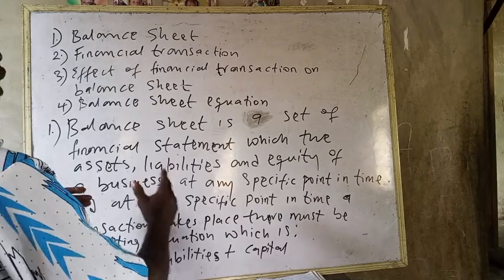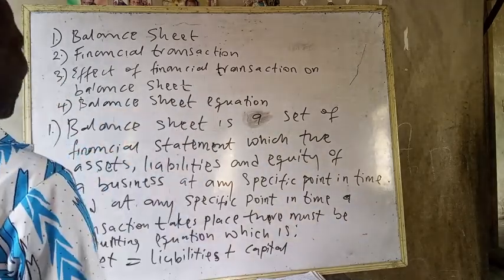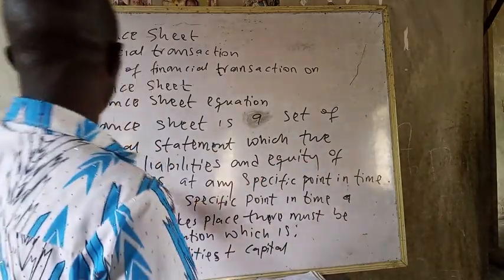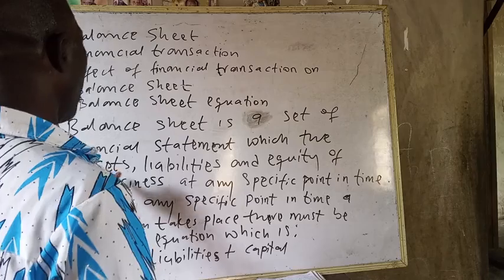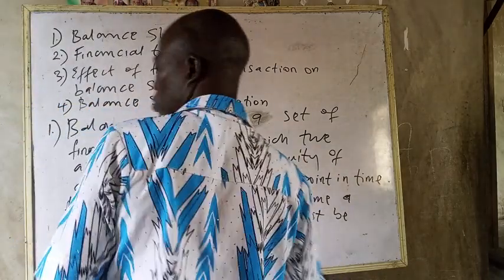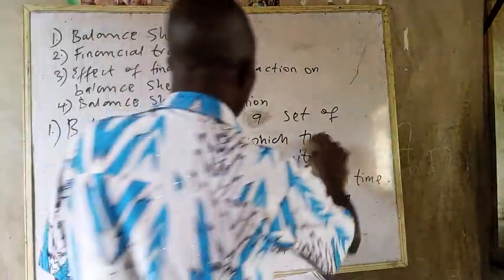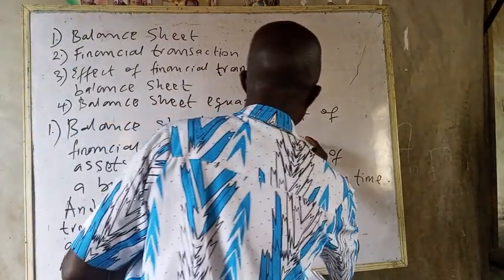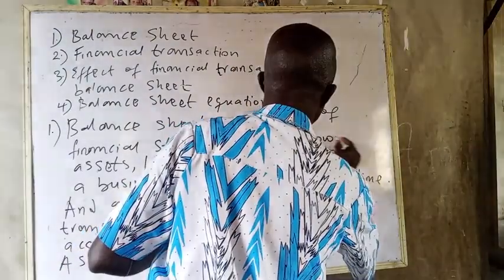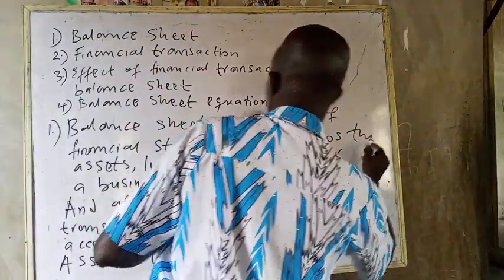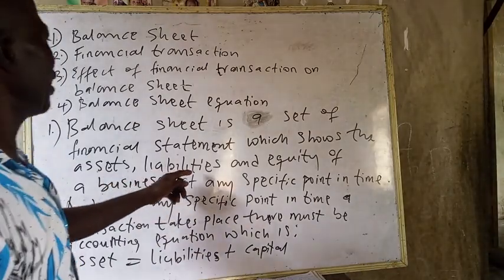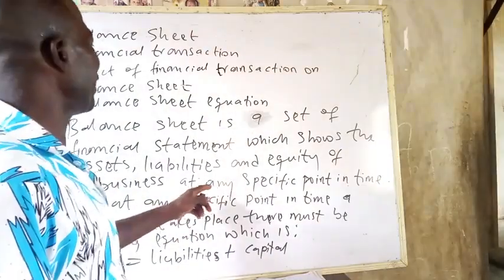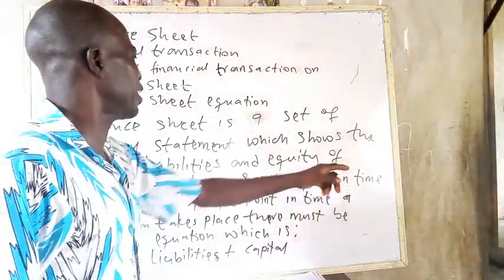This is the most important aspect in accounting. So the balance sheet is a set of financial statements which shows the assets, liabilities, and equity of a business at any specific point in time.